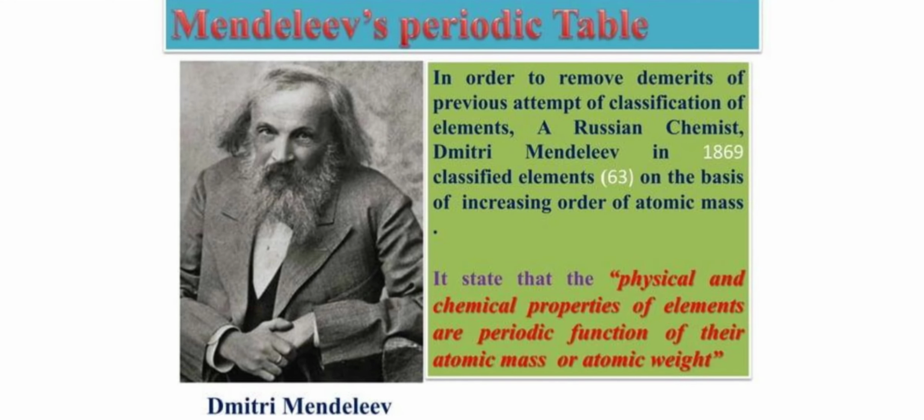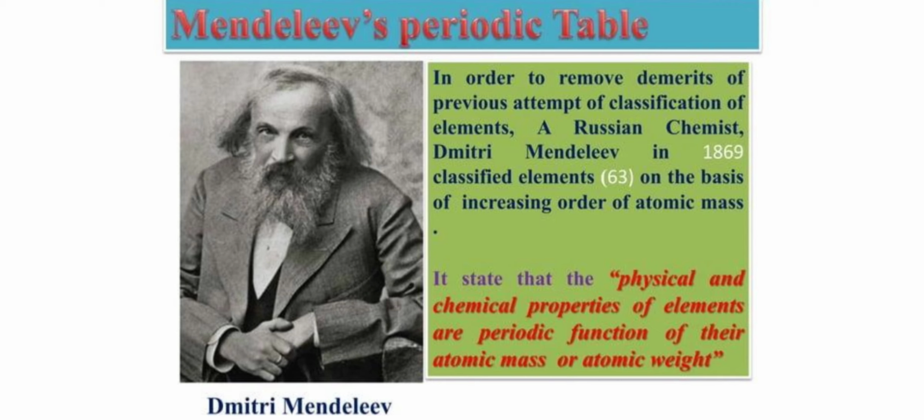Next, Mendeleev's periodic table. Scientists came one after another, updating the periodic table. Now we'll deal with Mendeleev's periodic table. In order to remove the demerits of the previous attempt at classification, a Russian chemist, Mendeleev, classified the elements on the basis of increasing order of atomic mass. Both Newlands and Mendeleev classified the elements based on atomic mass.